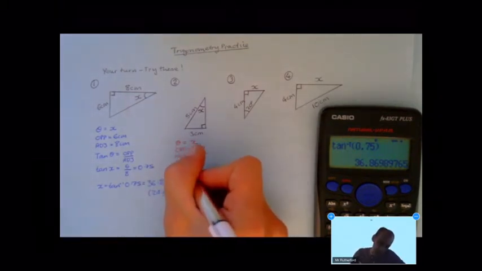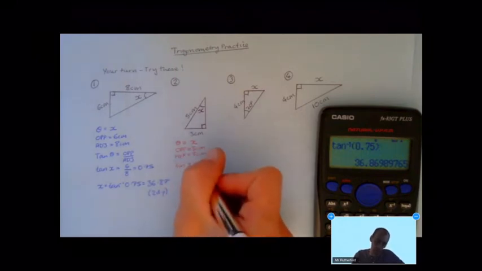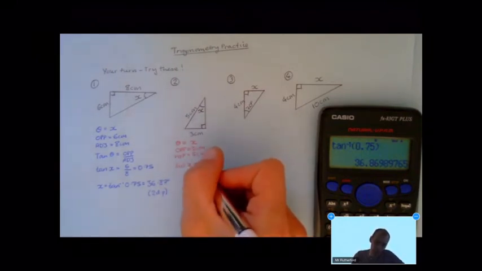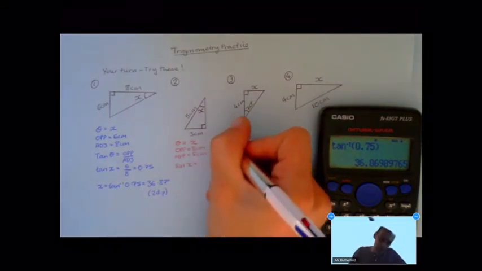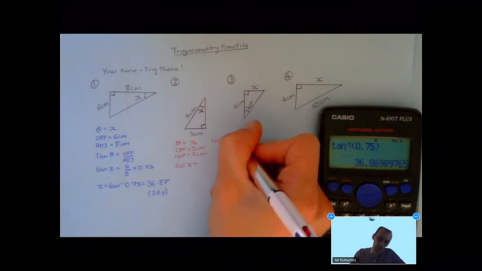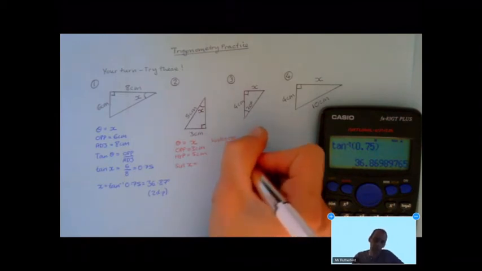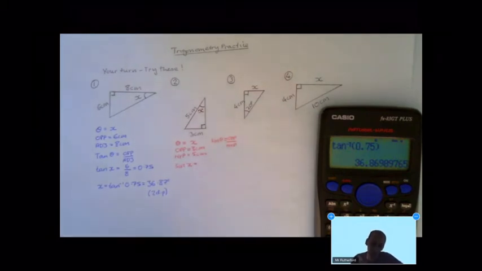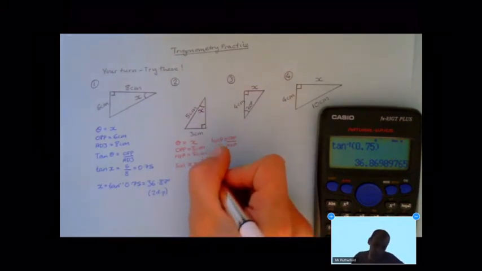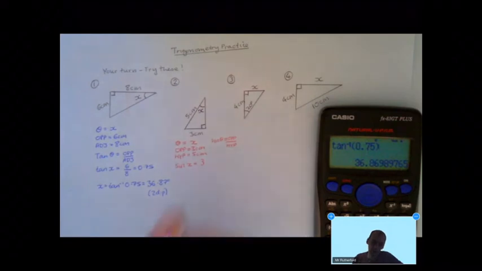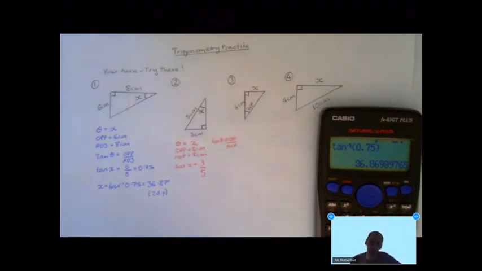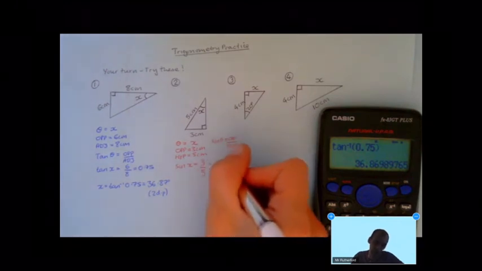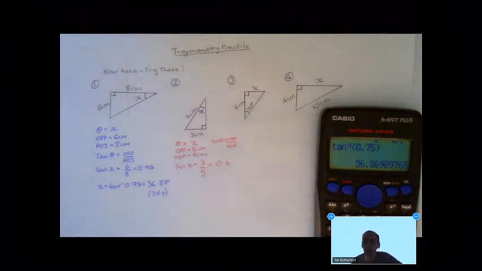So you end up with sin x equals, I'm sorry, I haven't written down the general rule. Sin of theta is opposite over hypotenuse. So we substitute in sin of x is equal to our opposite, which is 3, divided by our hypotenuse, which is 5. So sin of x is 0.6.